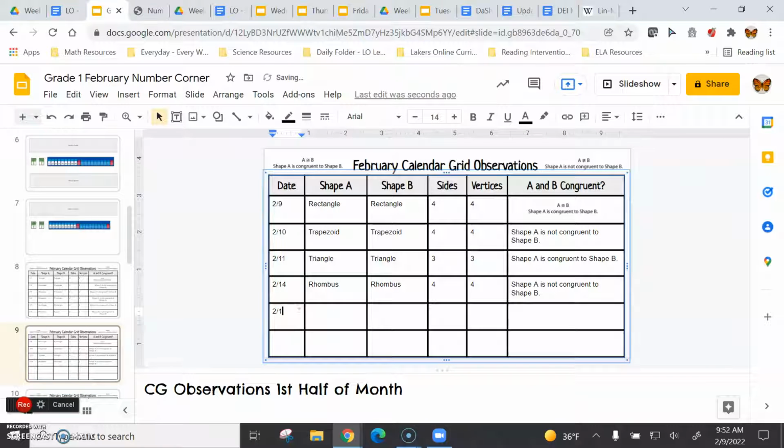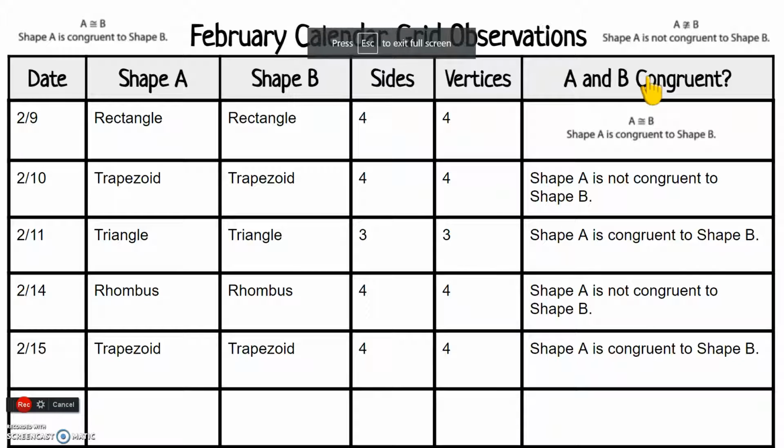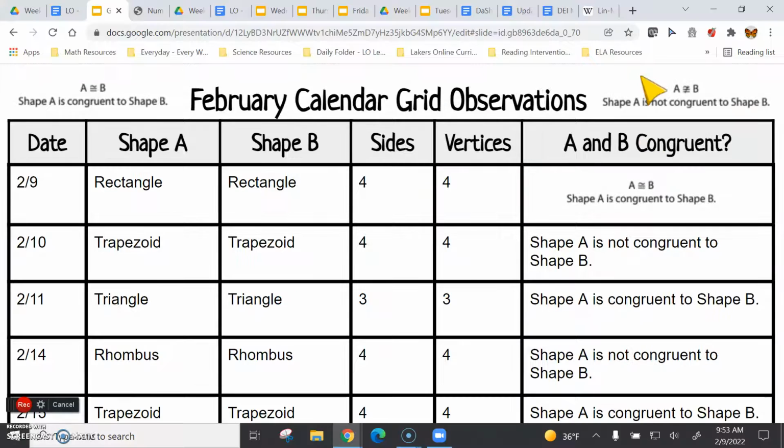So we have 2-15, we have trapezoids, four sides, and these shapes are congruent. Shape A is congruent to shape B. All right, All-Stars. Shape A is congruent to shape B. Wonderful.